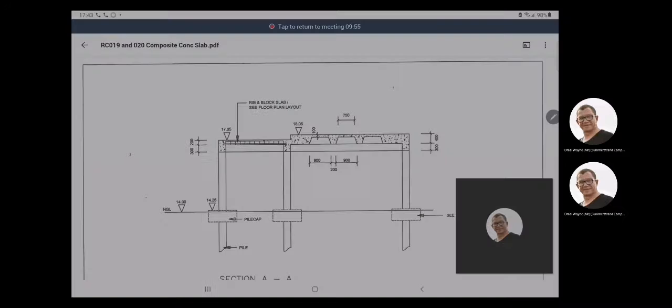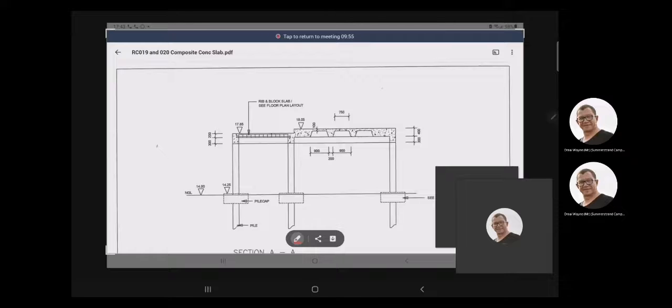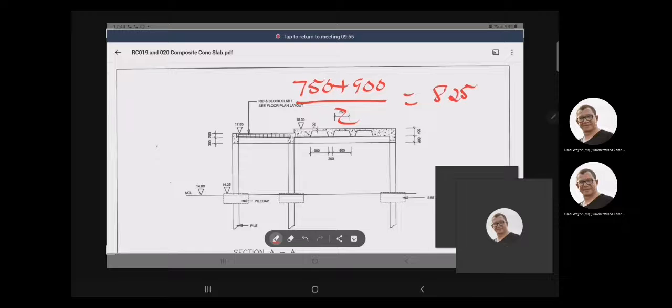Therefore, for what I need to deduct, I would take my 750, add my 900, and divide that by 2. That gives me 1650 divided by 2, and it gives me 825 millimeters on average.